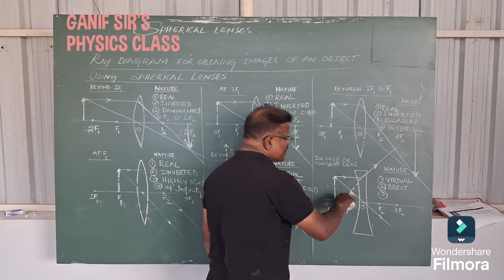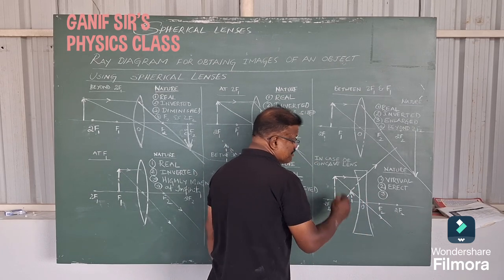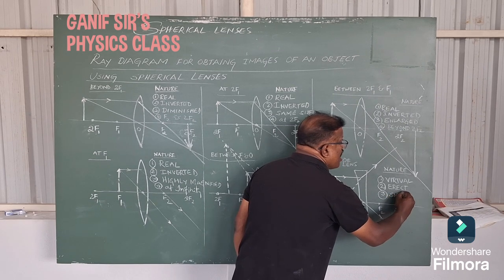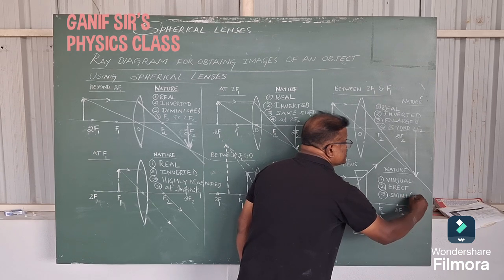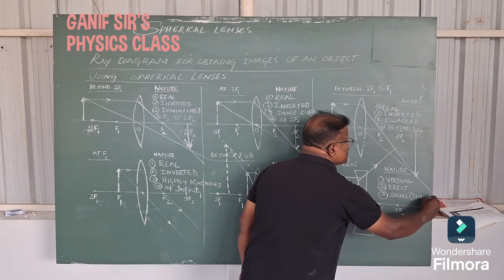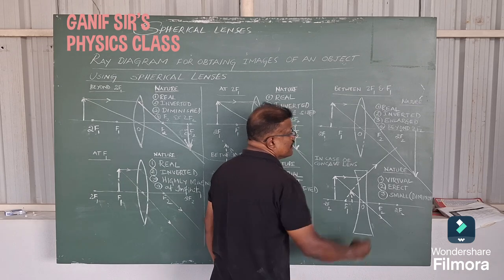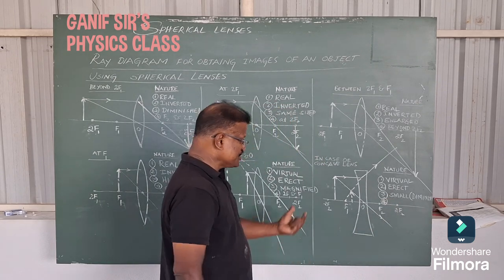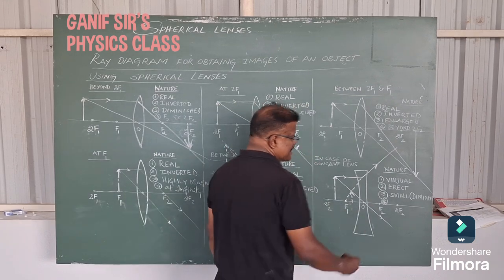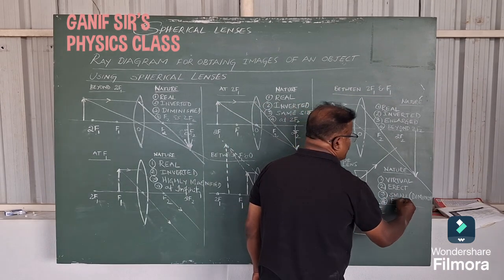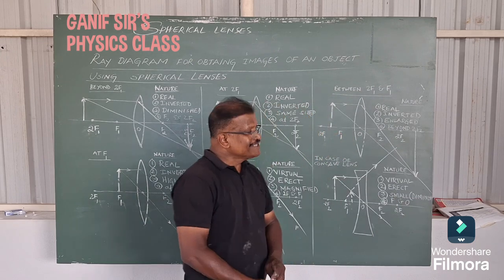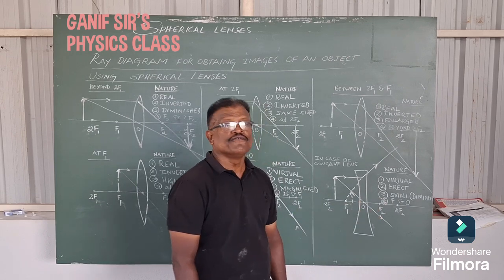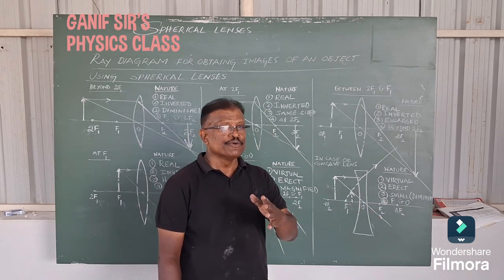The size of the image is smaller than the size of the object, so it's small, diminished. The fourth is regarding the position. The position of the image lies somewhere between F and O. So this is the nature of the image in case of a concave lens. Hope you understand.